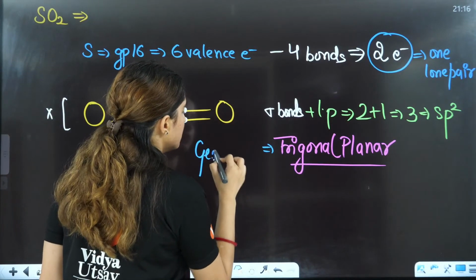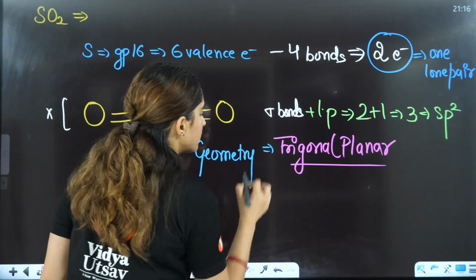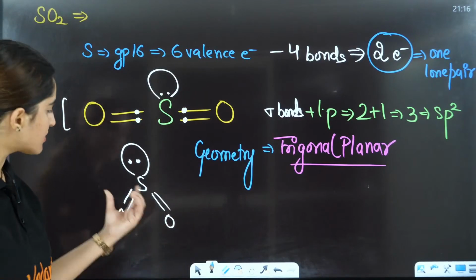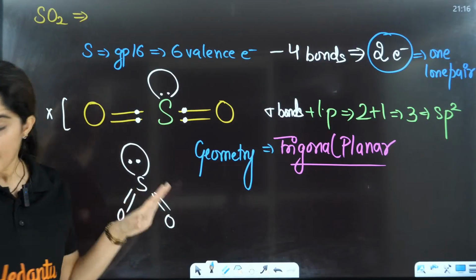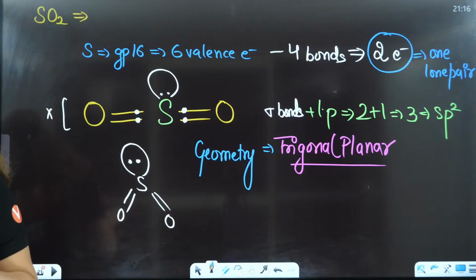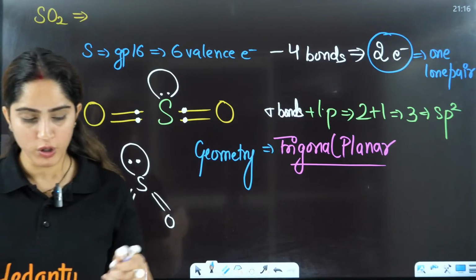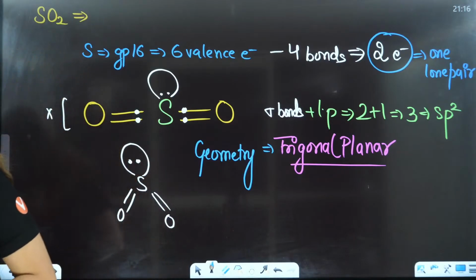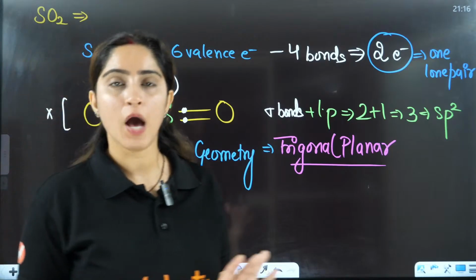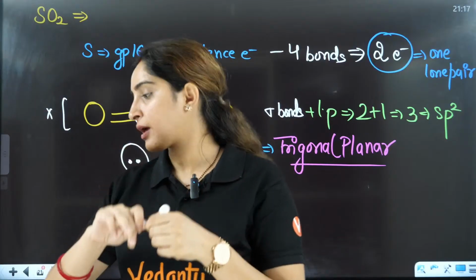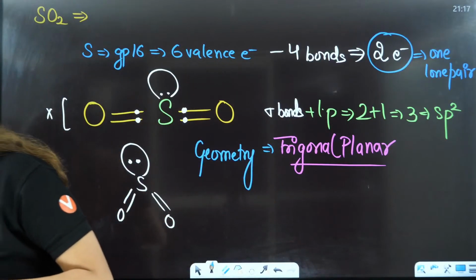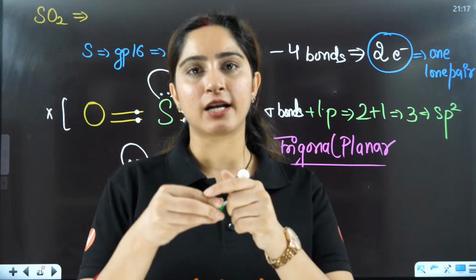This is the geometry, where bond pairs and lone pairs are both counted. But in shape, what you have to do? You have to ignore the lone pair. Now, when I say a lone pair here, let's imagine that this green atom is a lone pair.